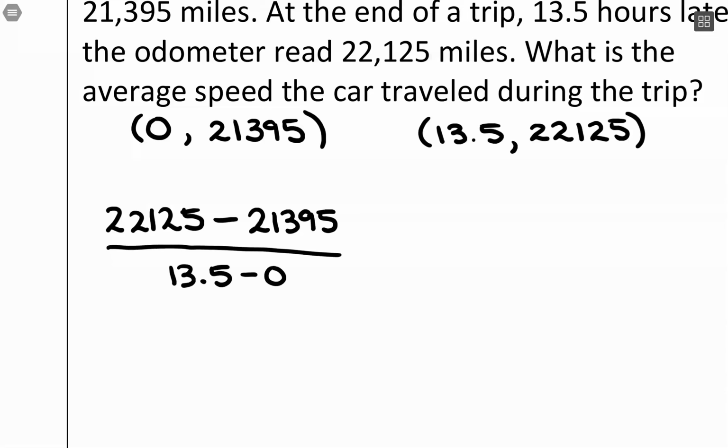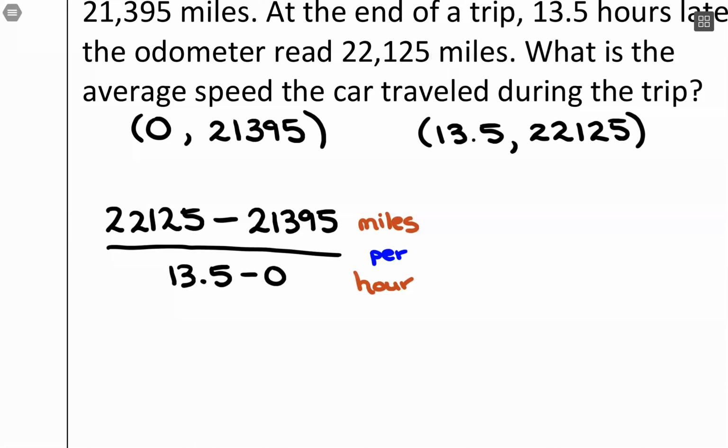What we can notice is that the units in the numerator are miles, and in the denominator the units are hours. So we're starting to see how this is going to give the speed in terms of miles, and when we have our division symbol, we read that as per, so miles per hour.